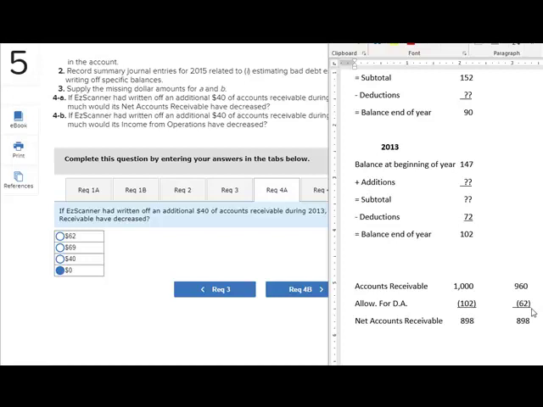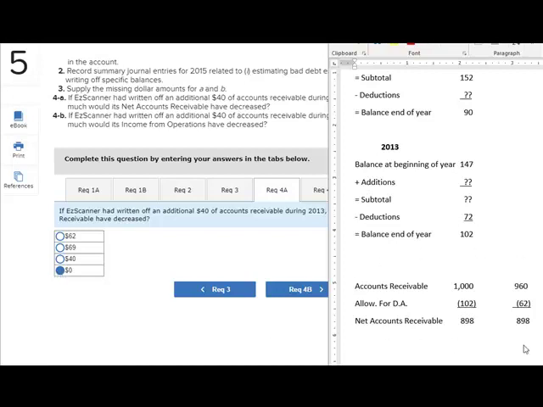Well, if we debited the allowance account for 40 more, we also would have decreased the allowance account for $40 more. It would have gone from 102 to 62. So both of these numbers would be 40 smaller, but notice that the net accounts receivable stays exactly the same. And that's why I put 0 here for my answer.